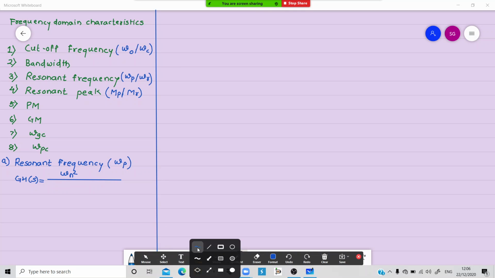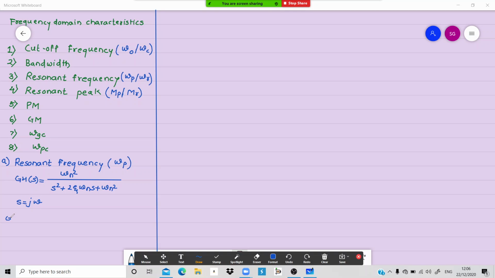It is S square plus 2 zeta omega n S plus omega n square. Okay, but we know it should be for frequency, so S is equal to j omega.